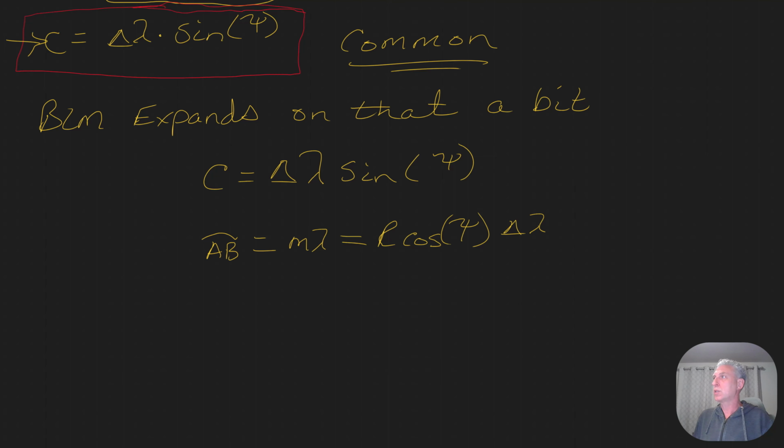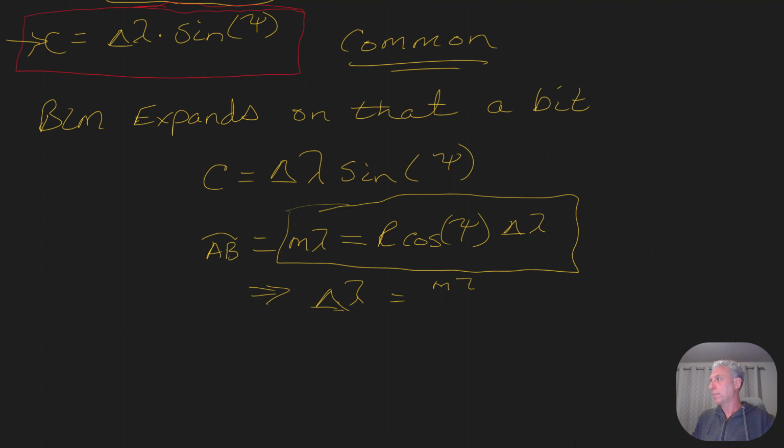So then using substitution, we're going to solve for delta lambda here. And we get delta lambda equals M lambda, or the distance along a parallel between longitudes, over r cos psi. There we go.